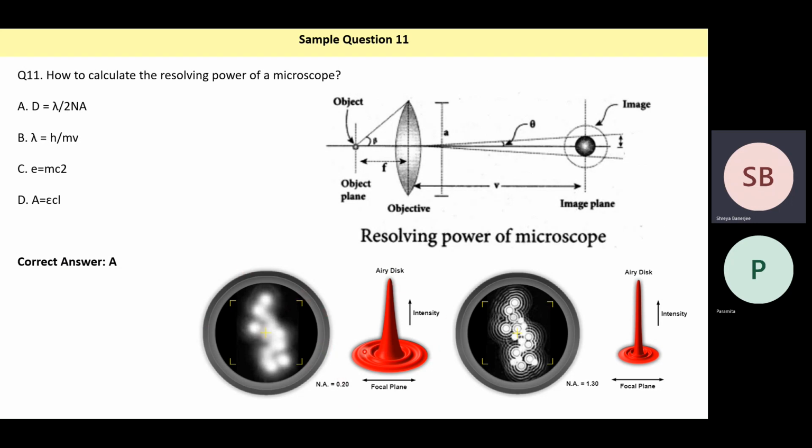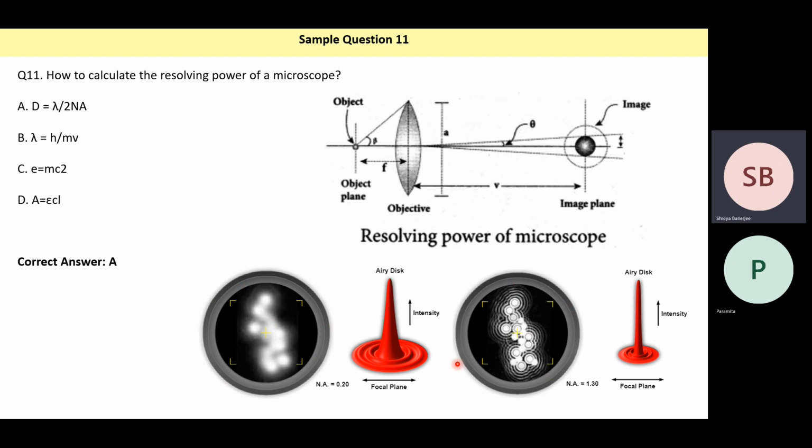With smaller numerical aperture, the image becomes very blurry because the resolving power is high. High resolving power means that only when the distance between two objects is large can you observe them separately. That is why with a small numerical aperture, the image appears blurry.